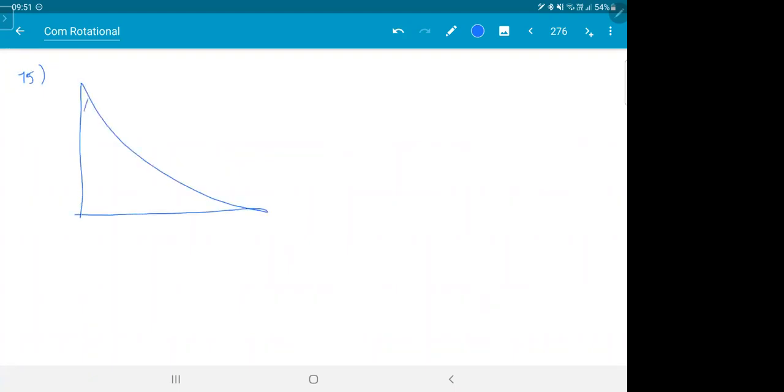So we have an incline like this. We have a solid sphere. Let's take a hollow sphere this time. Release from height h. There's no slipping.